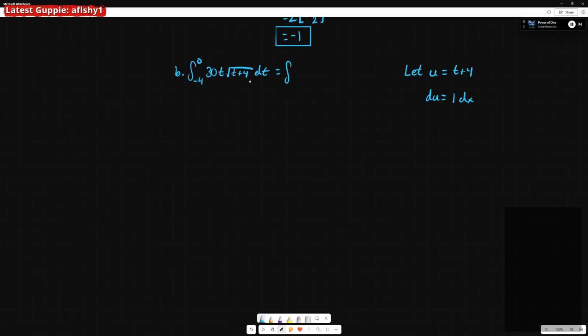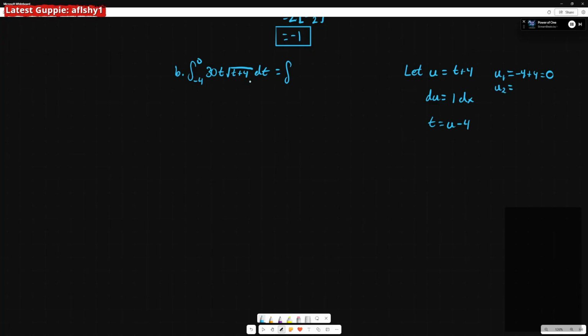But then I also want to know that t is now equal to u minus 4, so that u1 will now be equal to negative 4 plus 4, which is equal to 0.